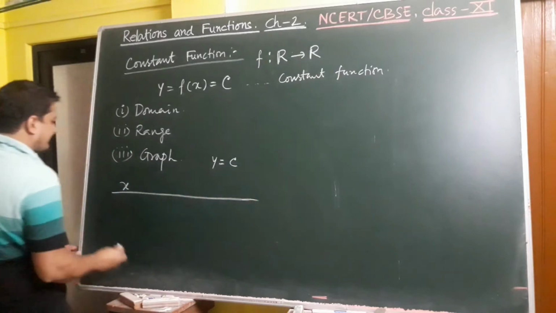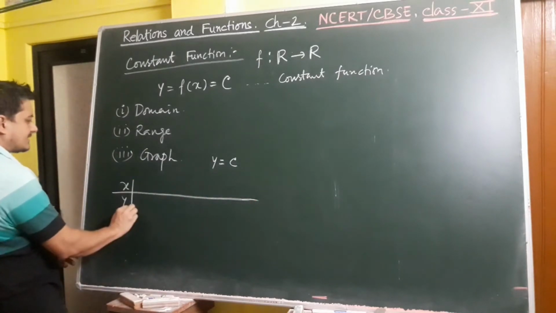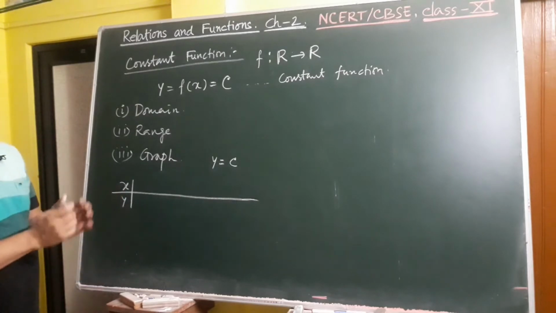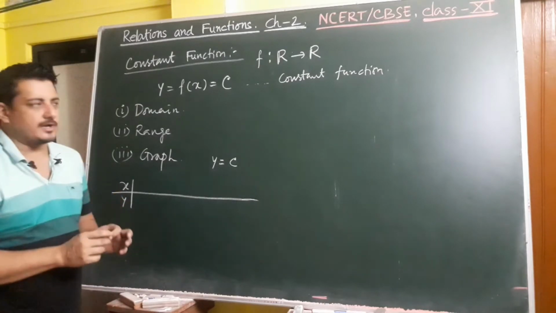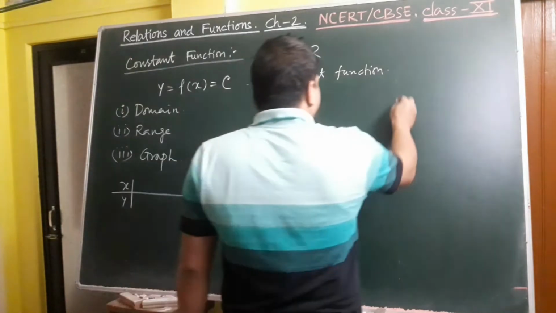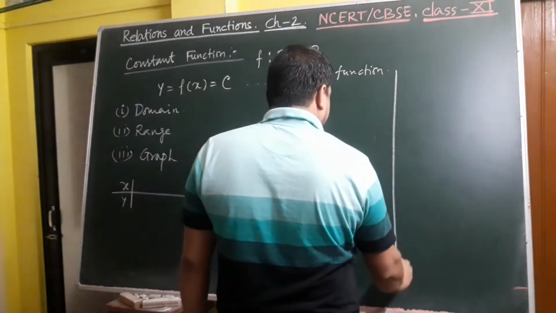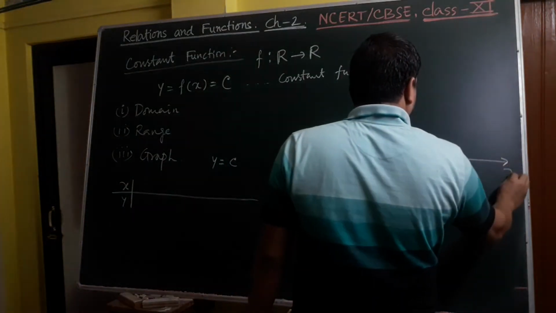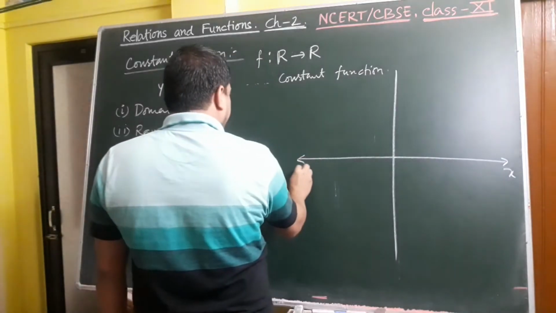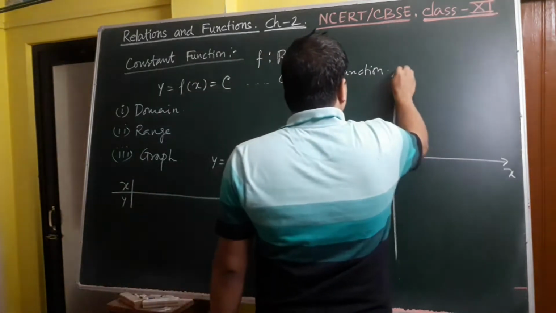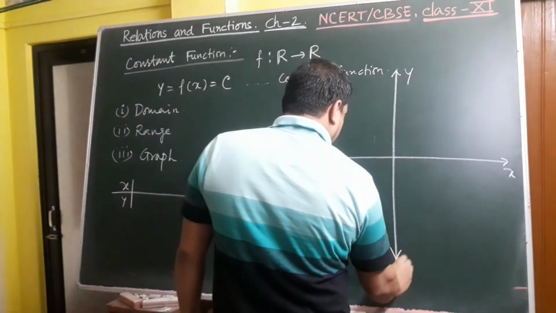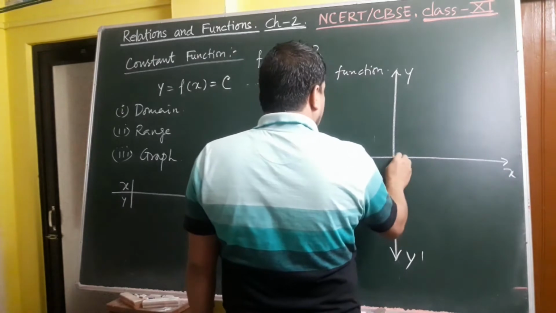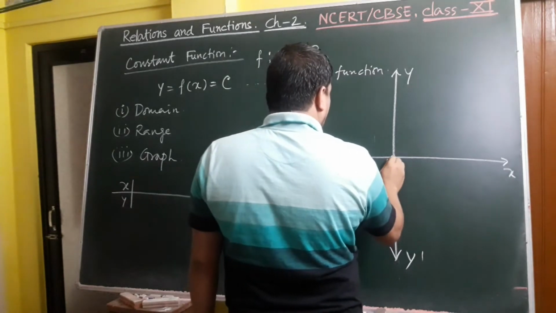To plot the graph, I'll collect the values of x and y, that means the combination of the collection of abscissa and ordinate values, just like before. So this is the origin.